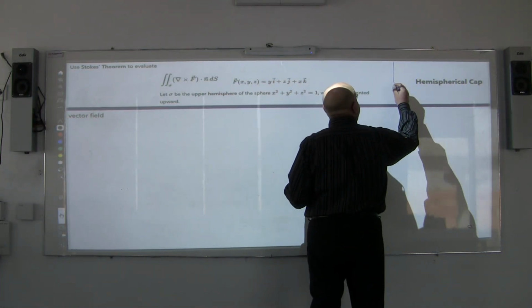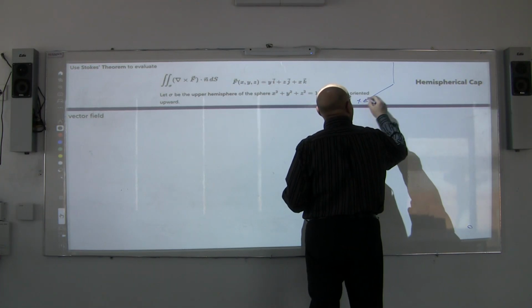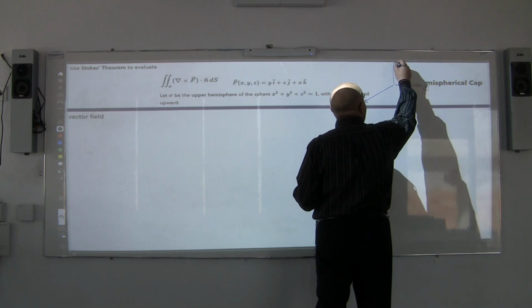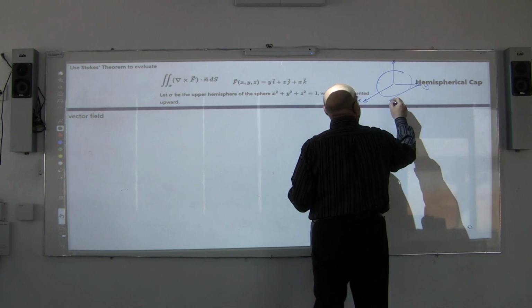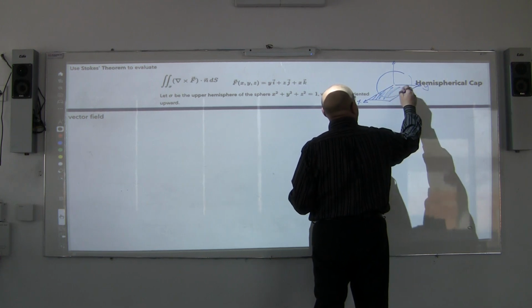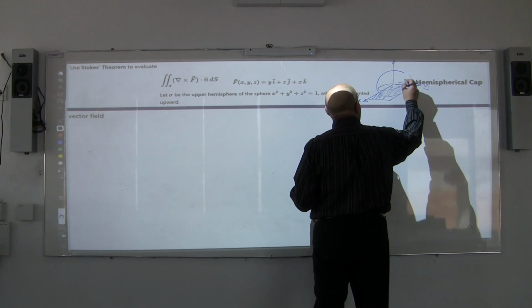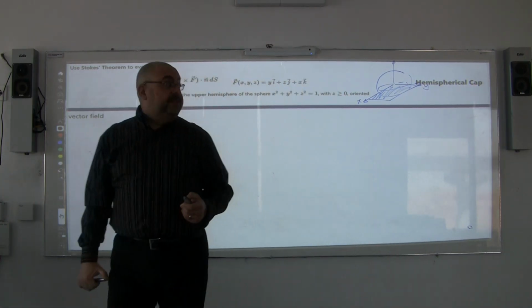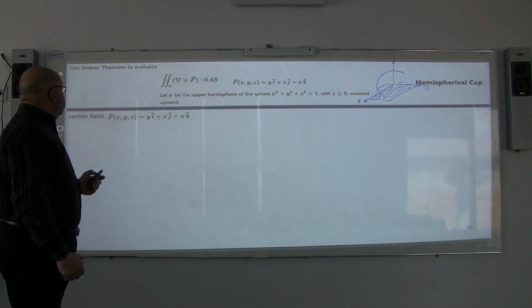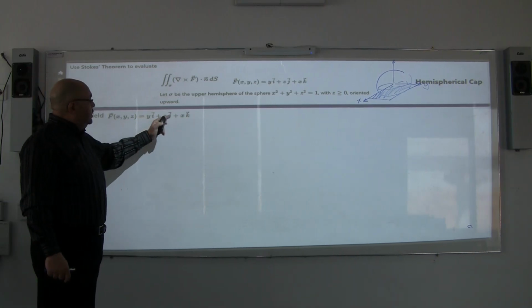That's x, y and z. So here's the sphere, and that's the plane of z equal to 0. So we are talking about the hemisphere exactly in 3 dimensions. So that's the vector field, y, z, and x.